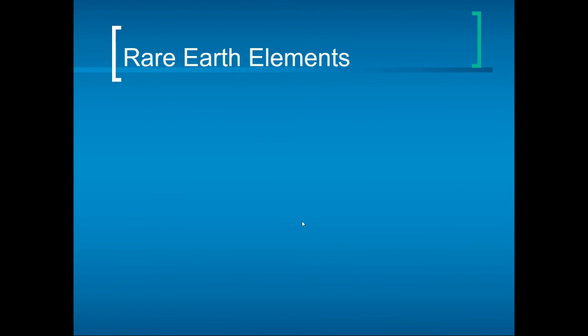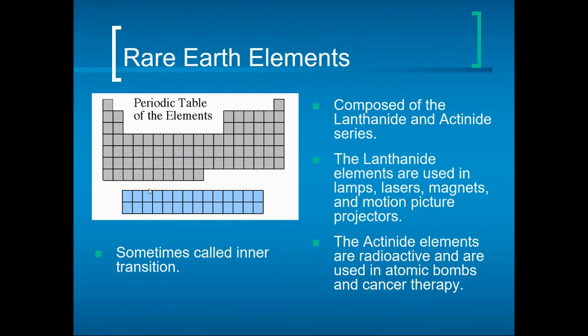Okay, at the very bottom, we have our rare earth elements. That's the 2 rows at the bottom. They're composed of the lanthanide, which is the top row series, and the actinide. Why is this called the lanthanide series? Because it starts from here, it drops here to a lanthanide. First element is the lanthanide. Okay, the lanthanide elements, the one in the top row, are used in lamps, lasers, magnets.